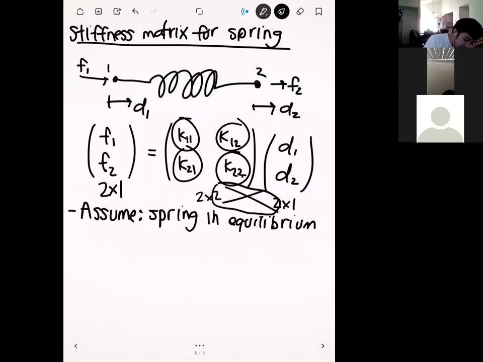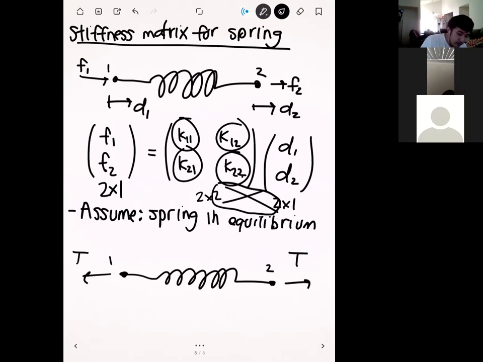And so if we redraw our spring, in order for the spring to be in equilibrium, we need to have a force on the left. So we'll say that that force has a magnitude of T going to the left. And then on the right-hand side, we have another force T, equal in magnitude but opposite in direction, and that's holding the spring in place.